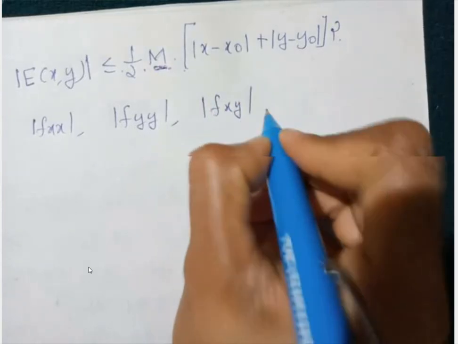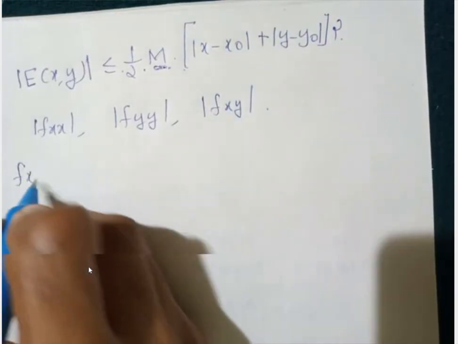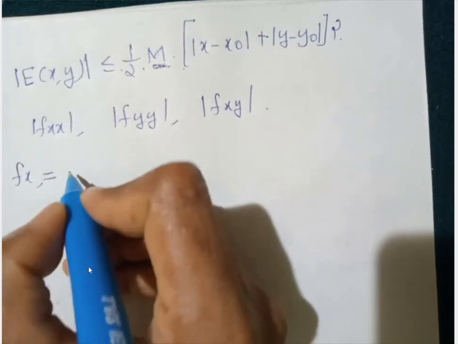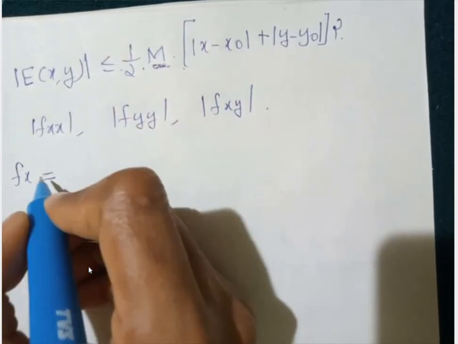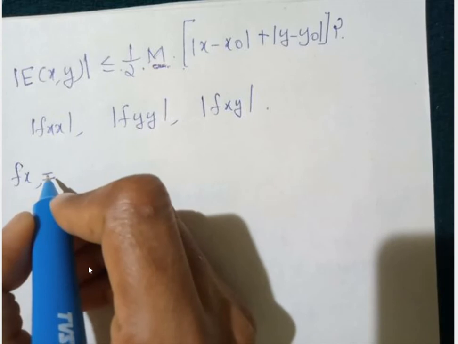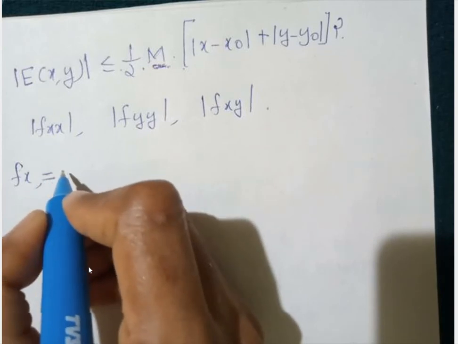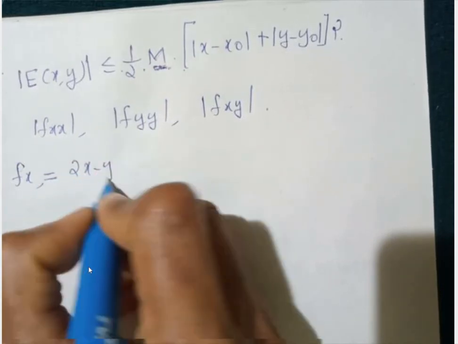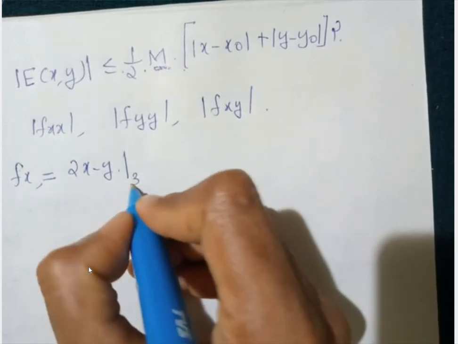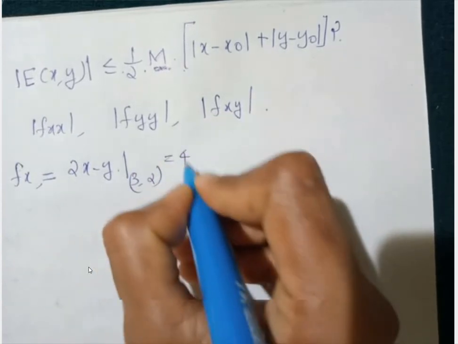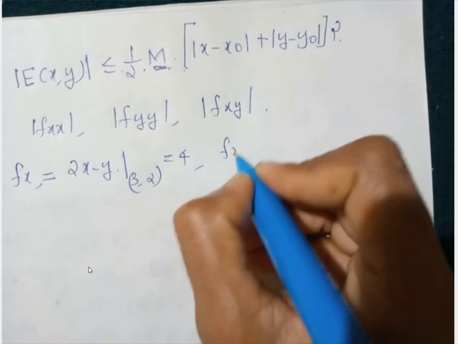So first of all, we have to find fx. We know that fx equal to 2x minus y, and at the point 3, 2, the answer is 4. And fxx equal to 2.